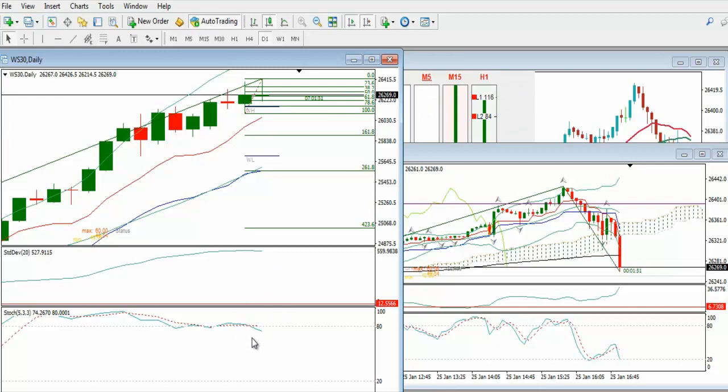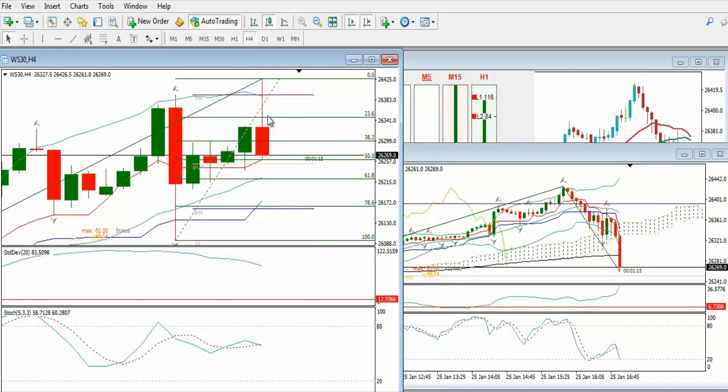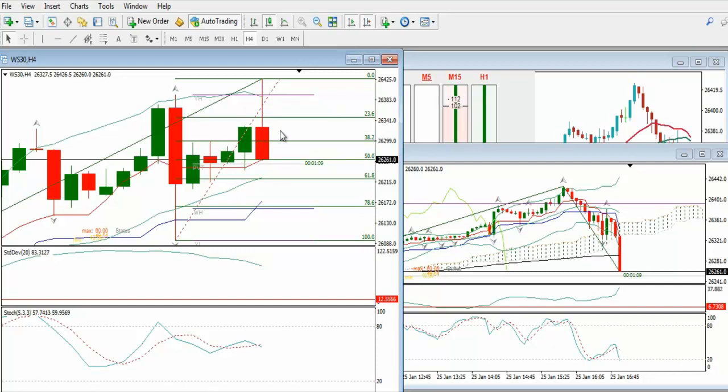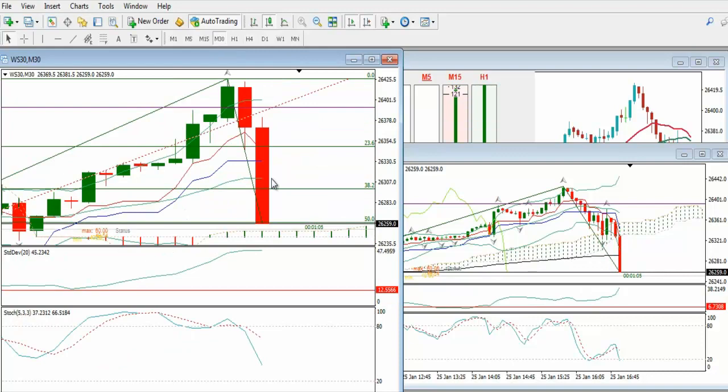The stochastic here has started going down, so maybe we have a change of direction at this point here. We have to wait and follow. You can see here we have a nice pin, which usually gives the opposite direction in everything.